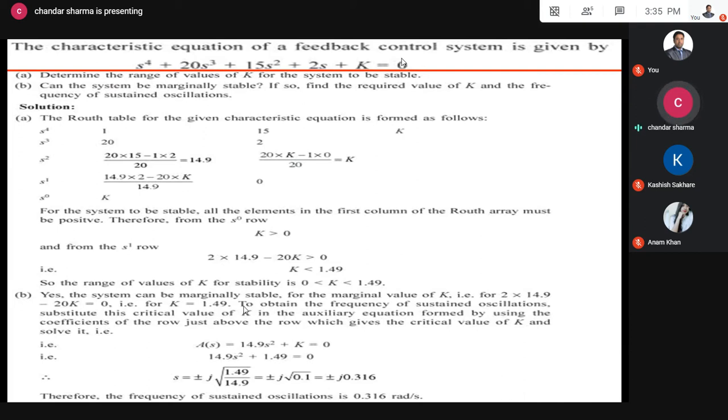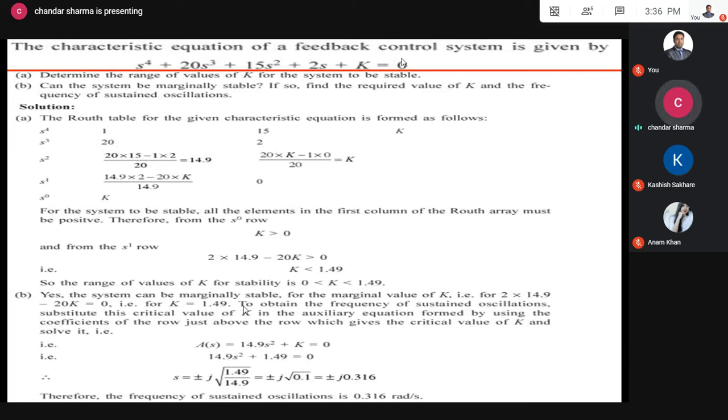So one of the methods is the Hurwitz stability criteria. In Hurwitz stability criteria, what do we have to find? We have to find the determinants.